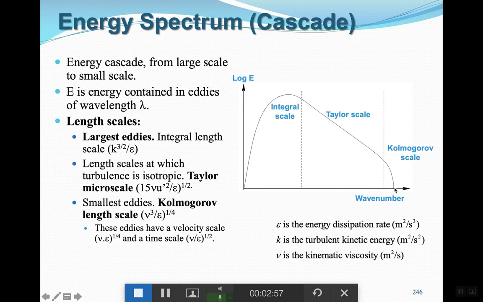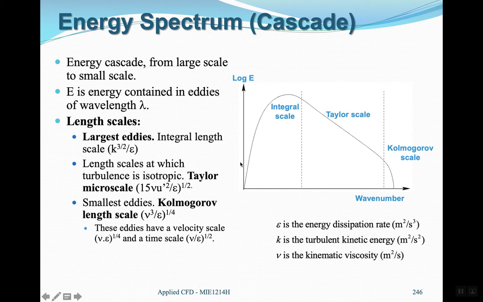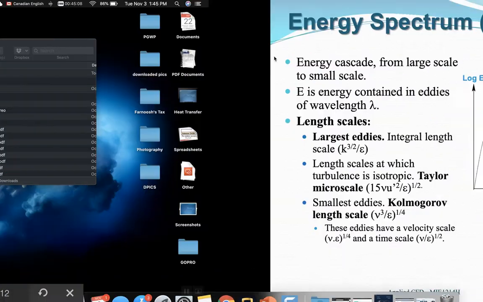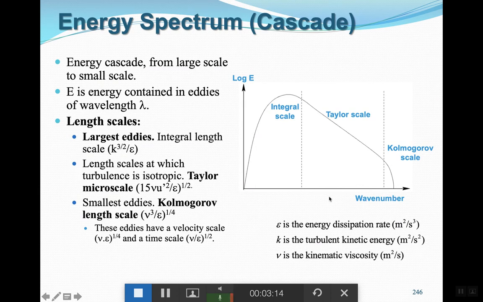Now, let's look at that energy cascade from another aspect. If we basically plot the energy based on wave number, and the wave number is basically the inverse of your wavelengths.